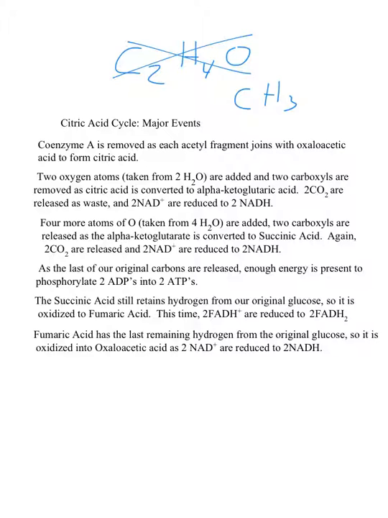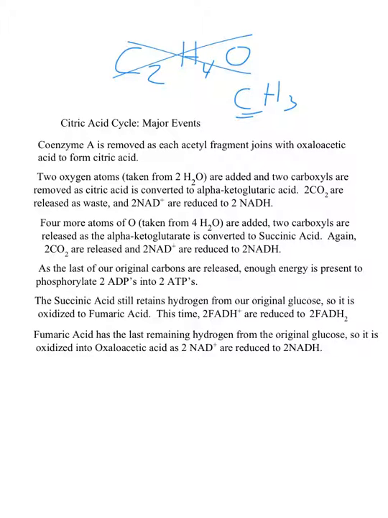So if we want to get rid of this carbon, we end up with, again, a problem of not having enough oxygens to make a carboxyl group. So we have to add some more water, and this time it's going to take 4 molecules of water to get enough oxygen to make a couple of carboxyls. And once we get rid of another carboxyl group, alpha ketoglutaric acid is converted to succinic acid.